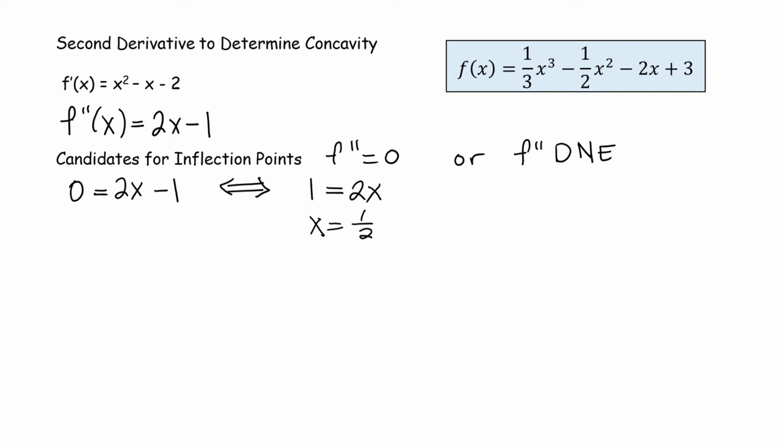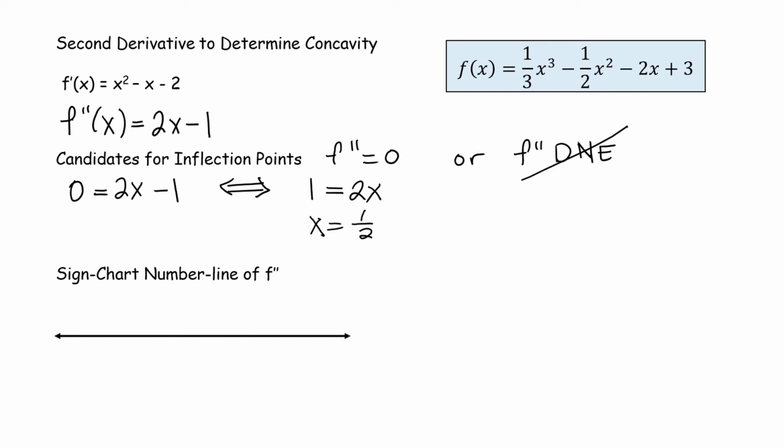Since the second derivative is a polynomial, and more specifically a linear function, we know that there will be no place for which the second derivative does not exist. Using that candidate x equals 1/2, let's make a sign chart number line of the second derivative to determine concavity.